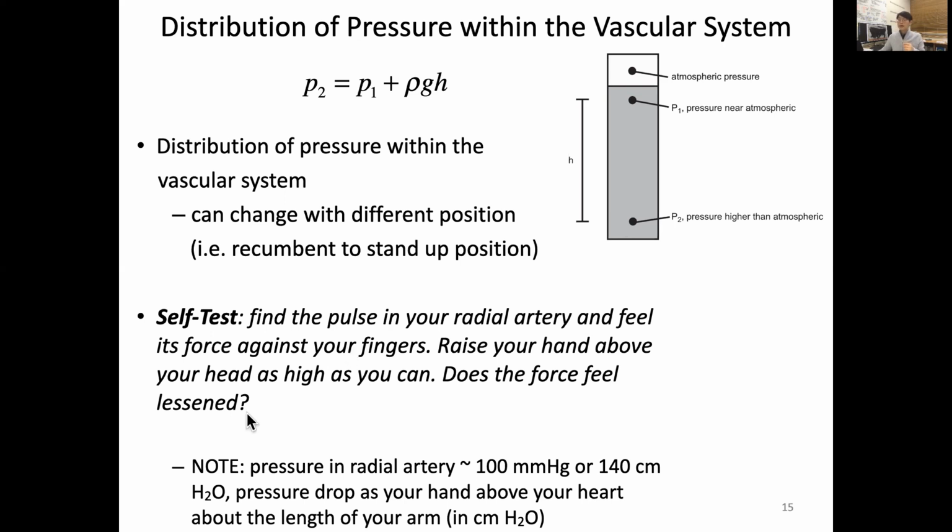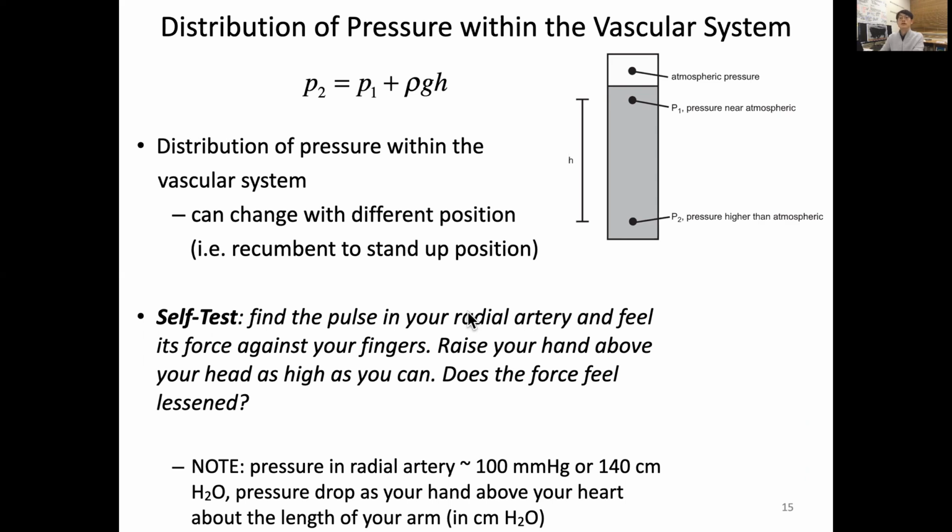So we can have a fun test finding out about our radial artery. The radial artery is here, near the thumb part, where you can feel the pulse. Can you try it? You can feel the pulse.